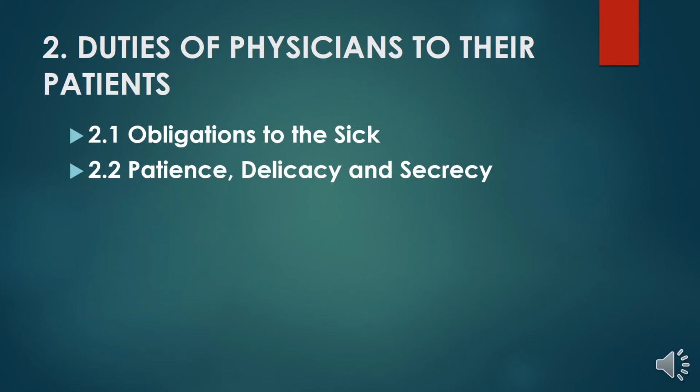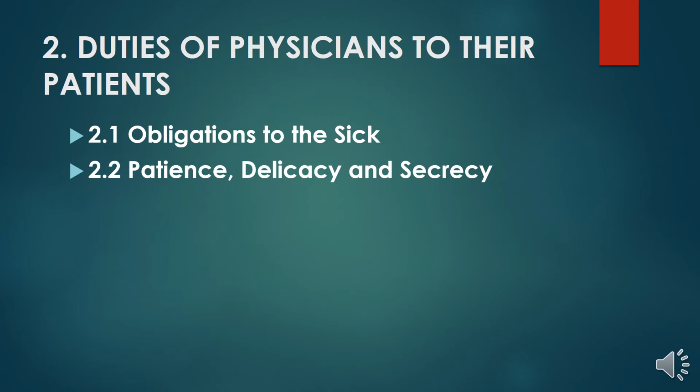Sometimes the physician must determine whether his duty to society requires him to employ the knowledge obtained through confidence as a physician, to protect a healthy person against a communicable disease to which he is about to be exposed.